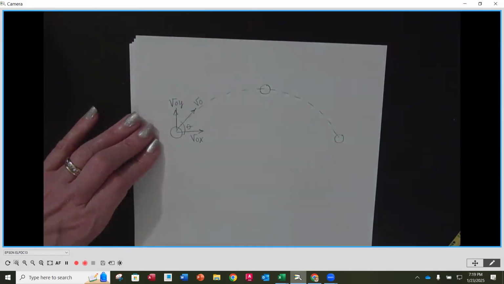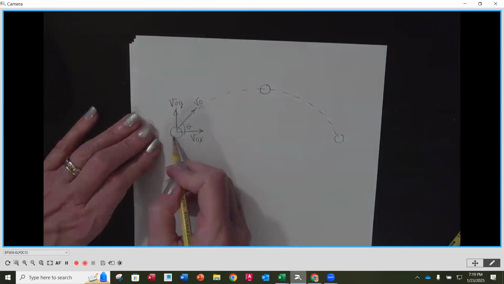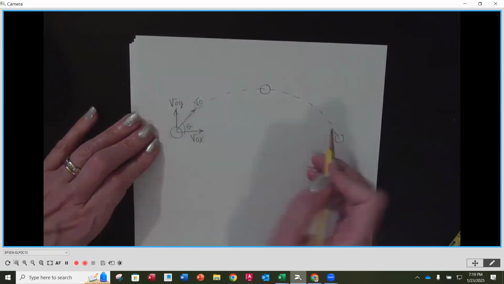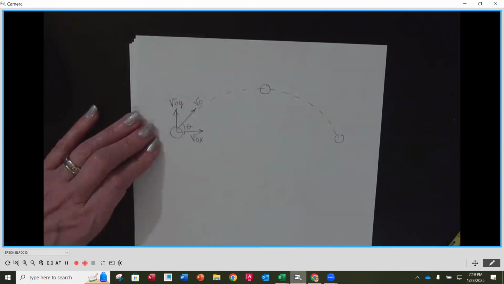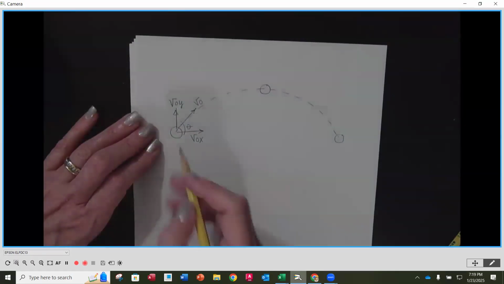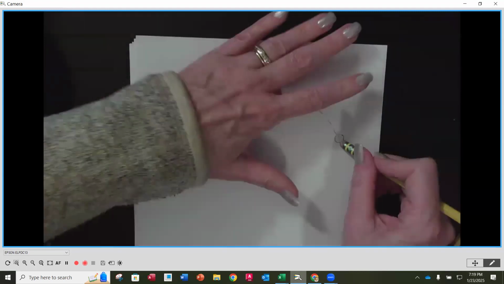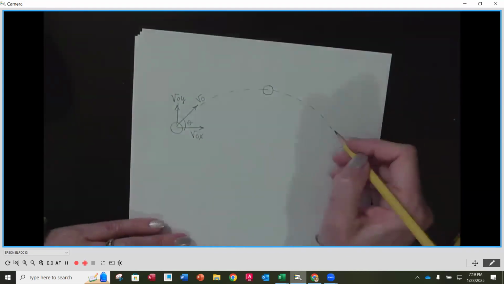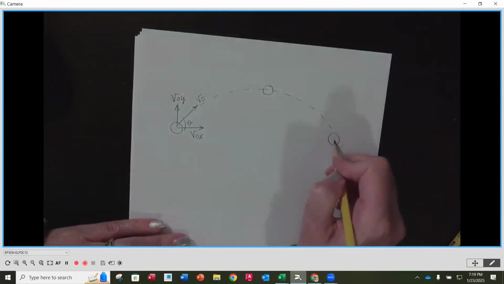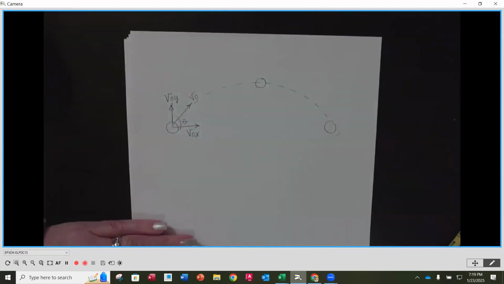When we look at that horizontal component, we're going to treat it like it's going in a straight line, and we're also going to qualify it as having uniform motion. That means we're going to assume this velocity is going at a constant rate until it gets to its final value over here.